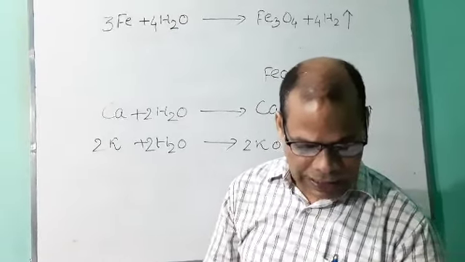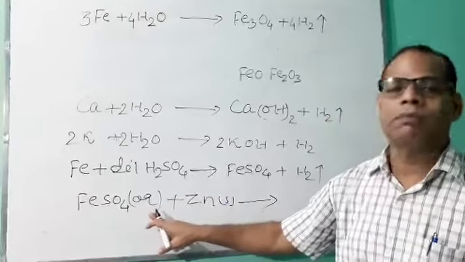Now, if you recall the reactivity series of metals, you will find that zinc is above iron, and also above hydrogen. So it means zinc is able to displace iron from iron sulfate solution.